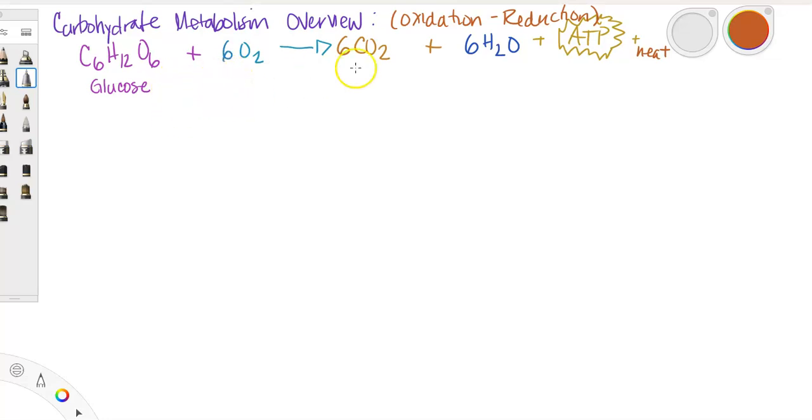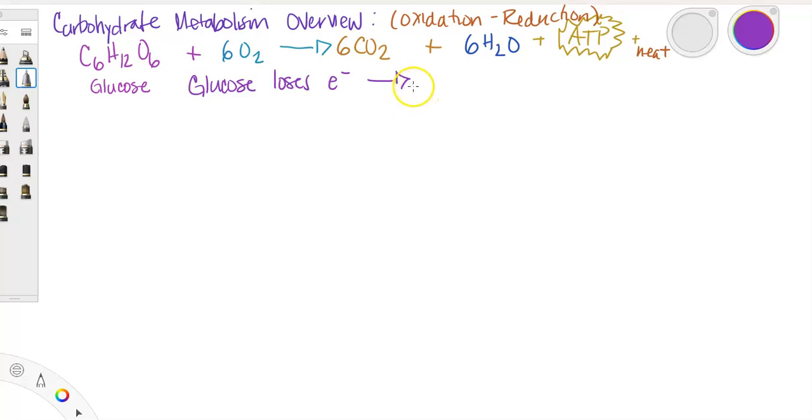So in this equation, glucose loses electrons.